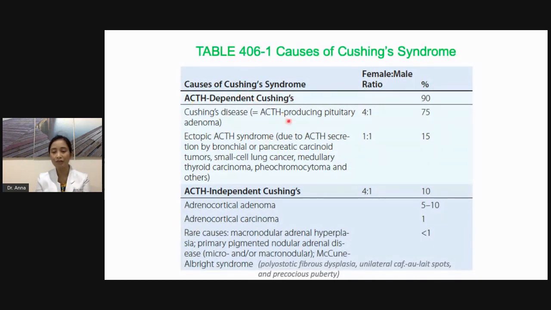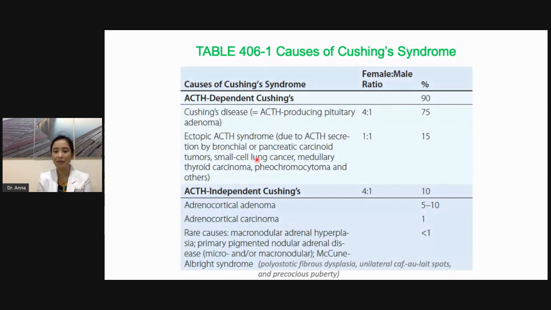The majority of Cushing syndrome, about 90%, will be ACTH dependent, and the majority of which will be from your pituitary, called Cushing's disease. So when I say Cushing's disease, it means the Cushing syndrome is coming from the pituitary. To a lesser extent, you also have ectopic ACTH syndrome, or EAS, and this is due to an ACTH-secreting ectopic tumor other than your pituitary.